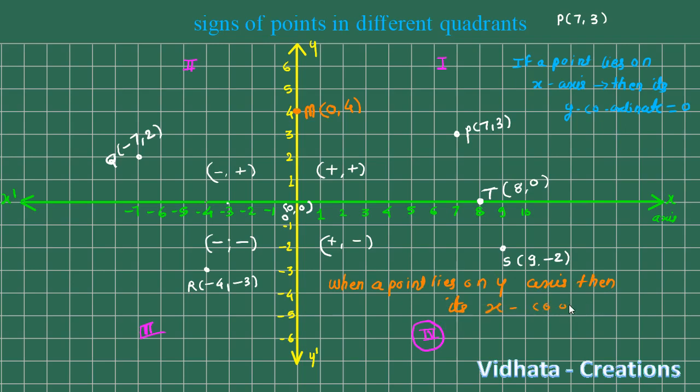X coordinate is equal to 0. Once more, if the point lies on the x-axis, then its y coordinate is 0. And if the point lies on the y-axis, then its x coordinate is 0.